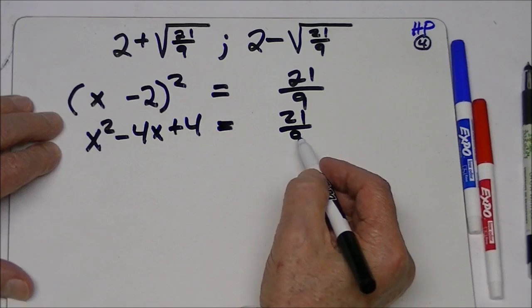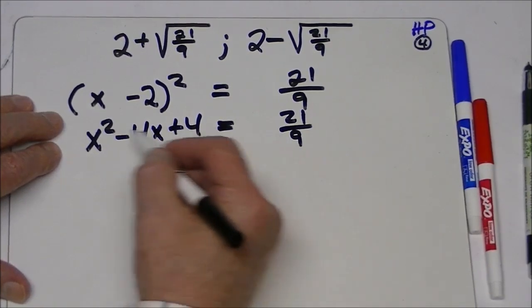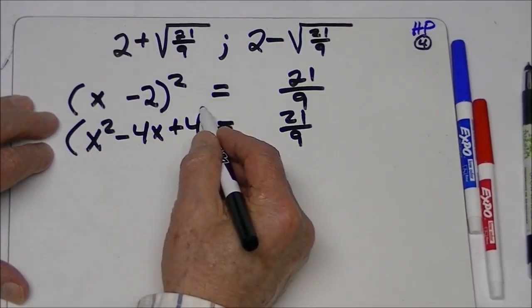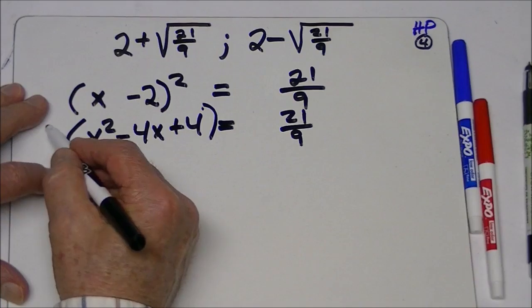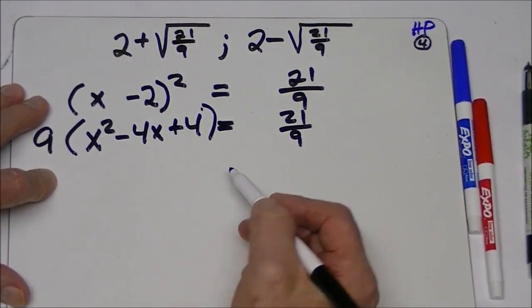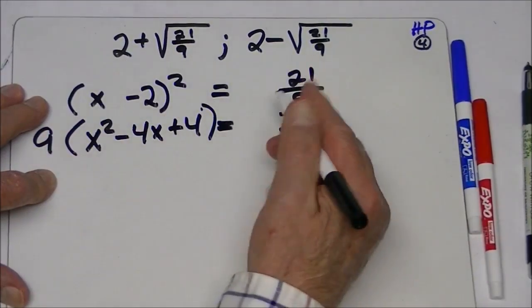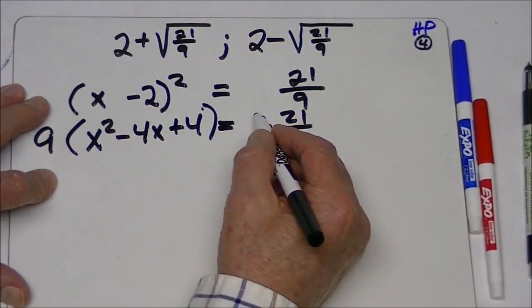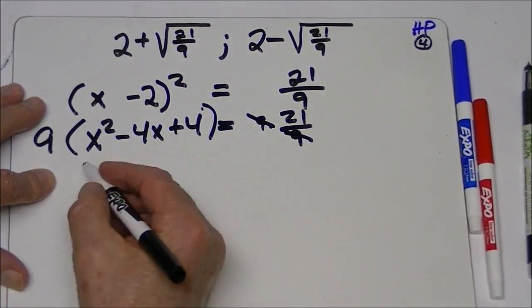And now what we need to do is take this 9 and bring it over to this side. And we're multiplying both sides by 9 here. So these cancel out. And now we get rid of our parentheses.